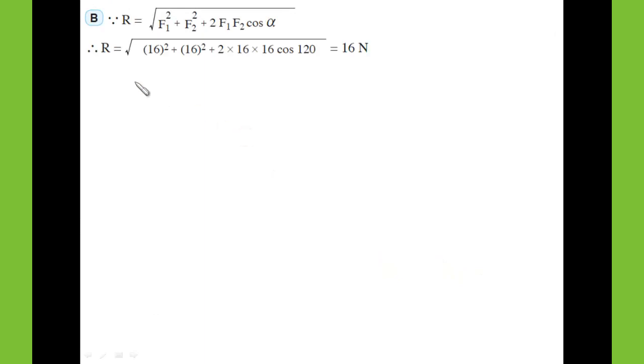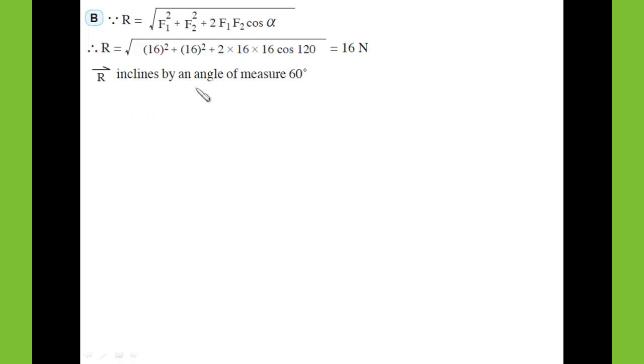Second case, we have R equals, this is the main rule, the square root of F1 square plus F2 square plus 2 F1 F2 cosine alpha. By substitution you get R equals 16, and you can do it yourself. You have to solve everything and make sure you have understood every problem.